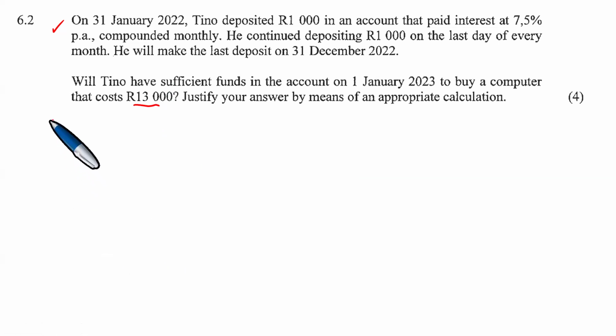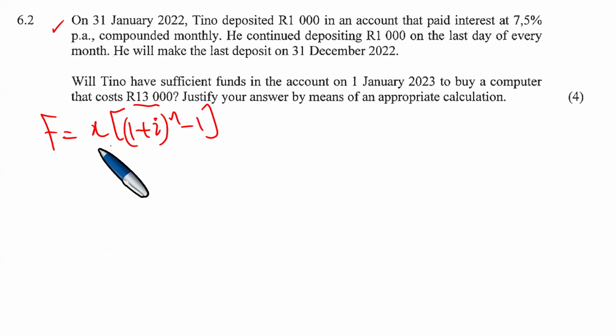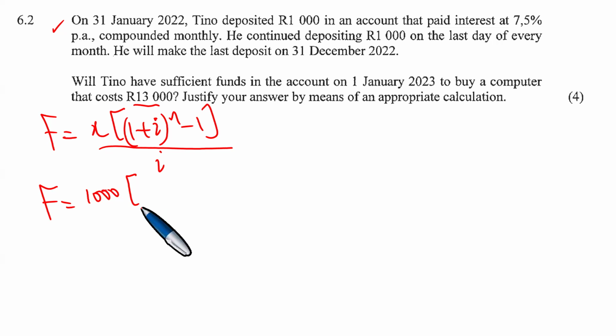the future value. One plus i. So now then the deposit is 1,000. 1 plus, okay, we have the 7.5% divided by 100, 0.075 divided by 12.